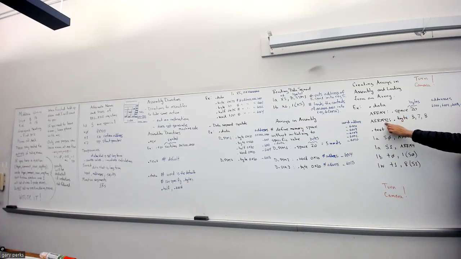Now if we follow that with this array and rewrite the byte data this way, I'll write it over here. The 3 would be at address 6011, and then the 7 would be at address 6012, and this 8 would be at address 6013.